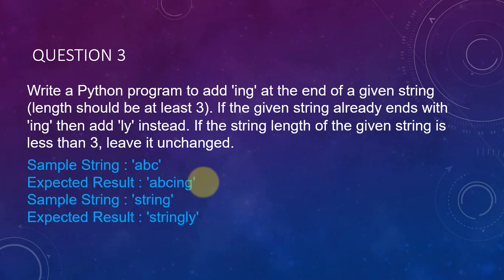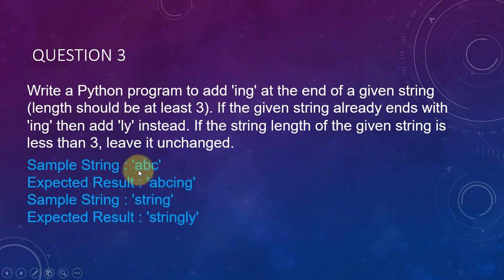So if your string has three or more characters, then you should add ing. If the given string already ends with ing, then add ly instead. And the final portion of the question: if the length of the given string is less than 3, leave it unchanged.